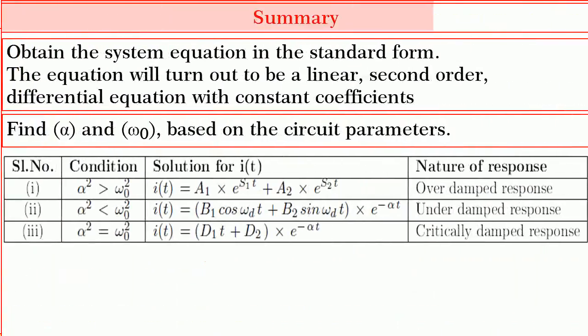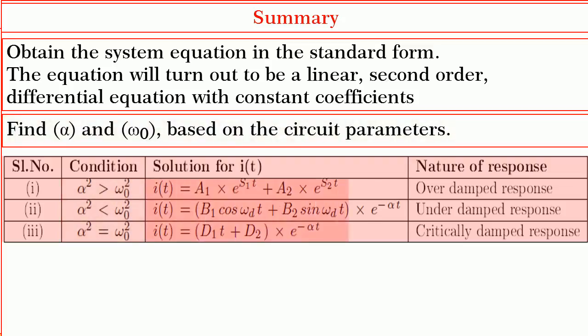Friends, let me summarize what we have to remember to obtain the complete solution in case of RLC series circuit. The very first step is to obtain the equation for the system response in the standard form. Remember, the equation will turn out to be a second order differential equation with constant coefficients. The next step is to find out alpha square and omega naught square and see in which case the solution lies.